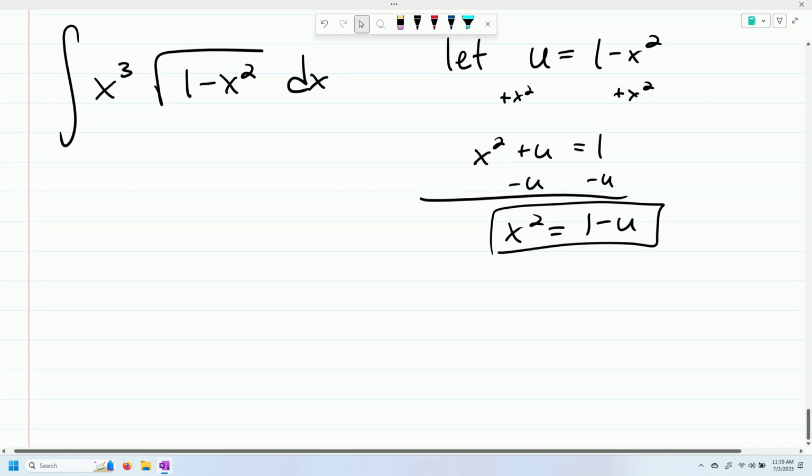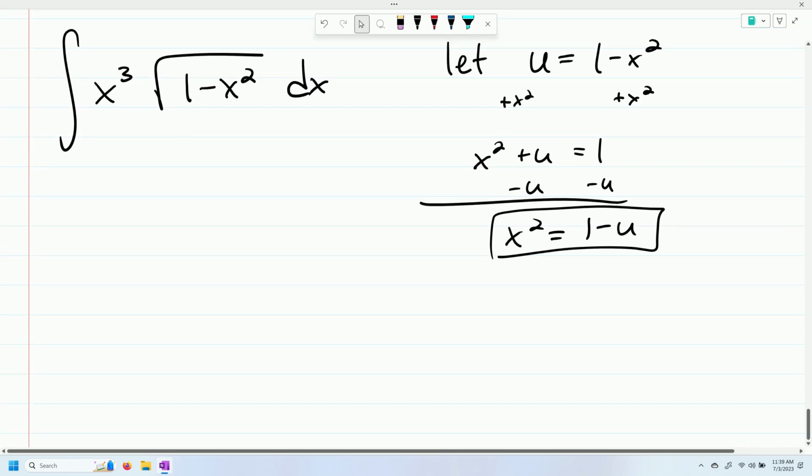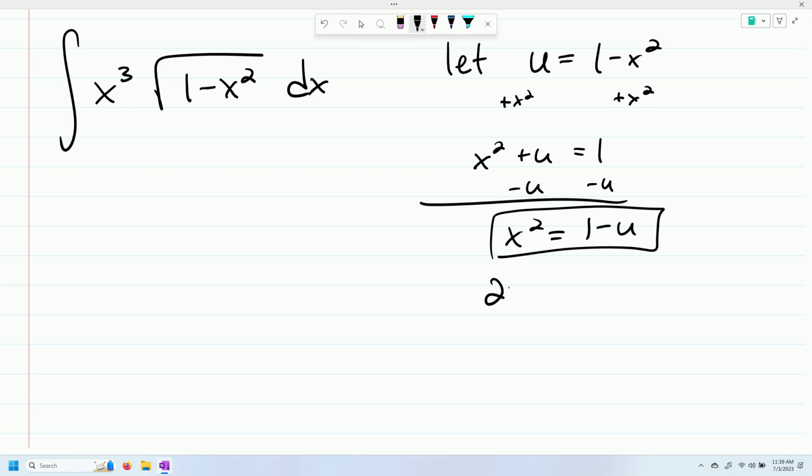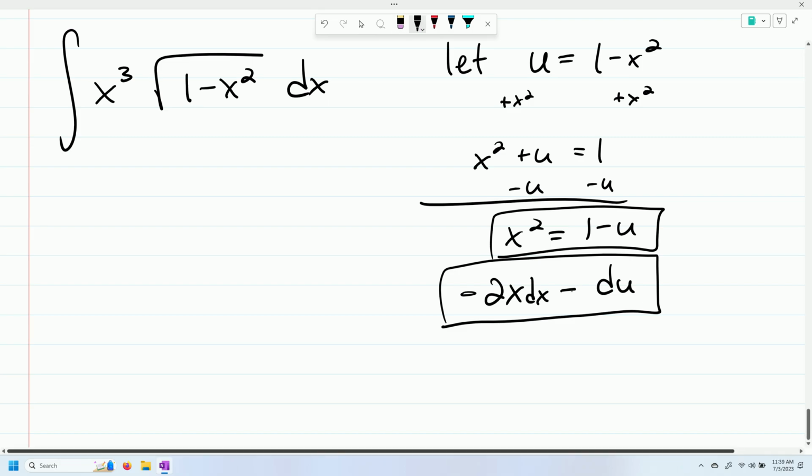Now, looking at this, when I go ahead and take the derivative, I end up getting 2x equals negative du, or bringing the negative over here, negative 2x dx. Sorry, I forgot my chain rule. Negative 2x dx equals du.